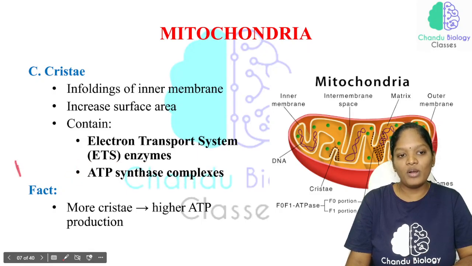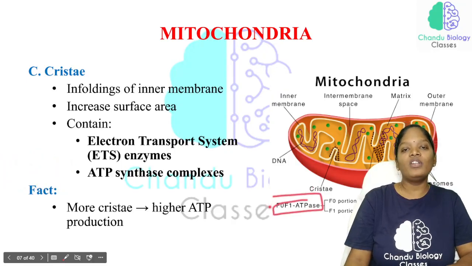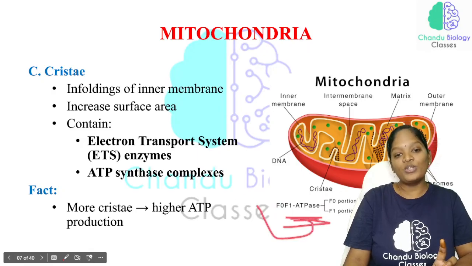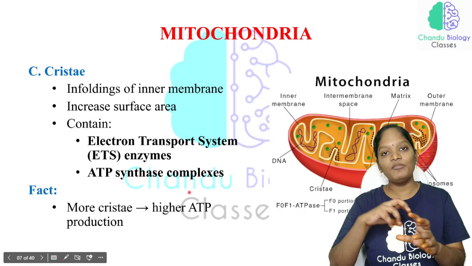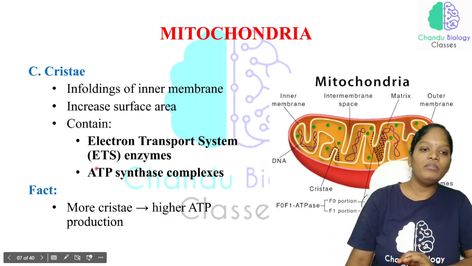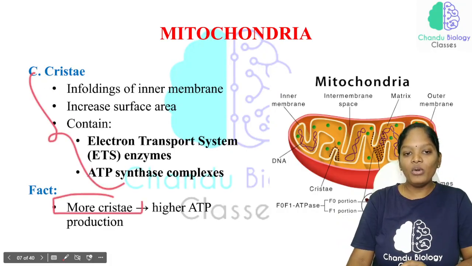ATP synthase complex is nothing but the F0 F1 complex, the F0 F1 ATPase, which is also called the ATP synthase complex. This complex is involved in the synthesis of ATP. Right, now what will be the important fact with respect to the cristae? They have more cristae.